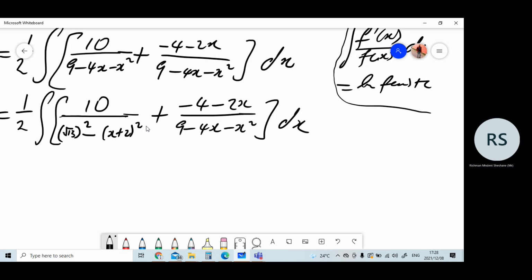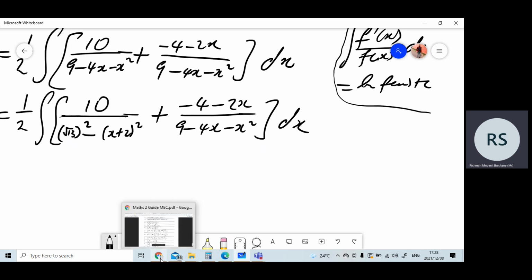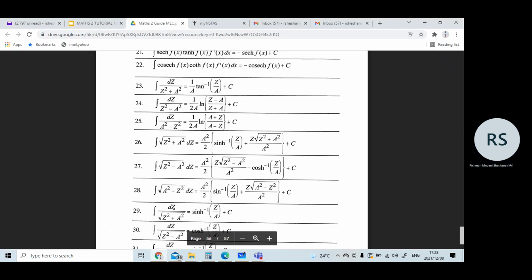Okay, if you check your formula sheet, that's 1 over a squared minus z squared. You see this is formula number 25. The integral should be in this form. Okay, all right.